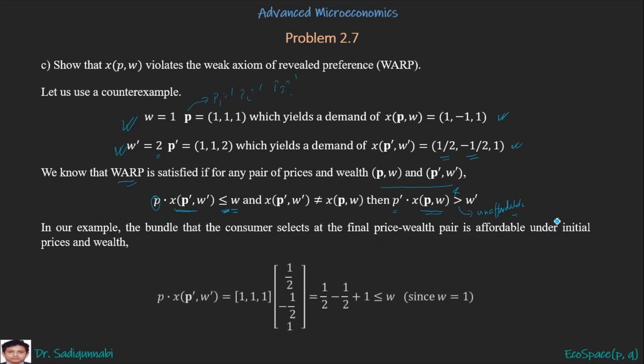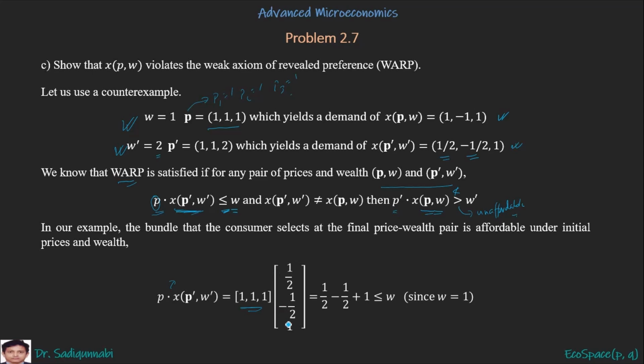Because here we see the initial price p, and the new bundle, we know that p equals 1, 1, 1, times this, because the dot product is row times column.